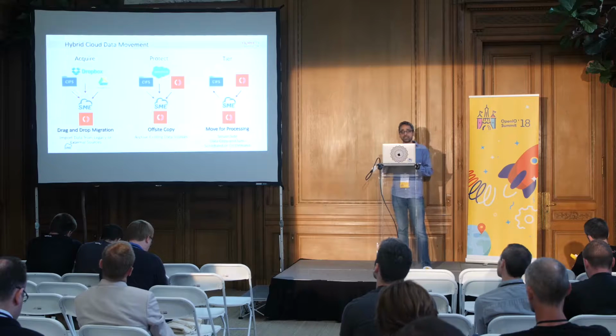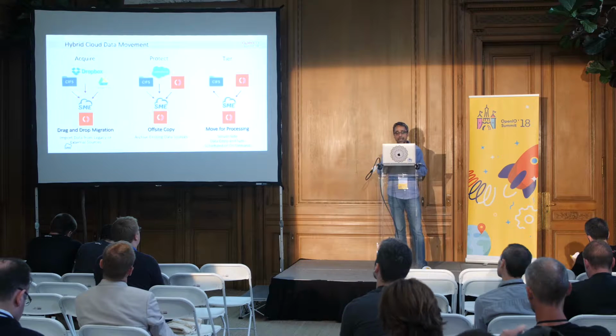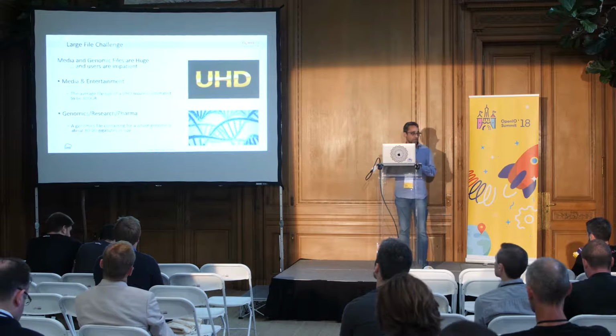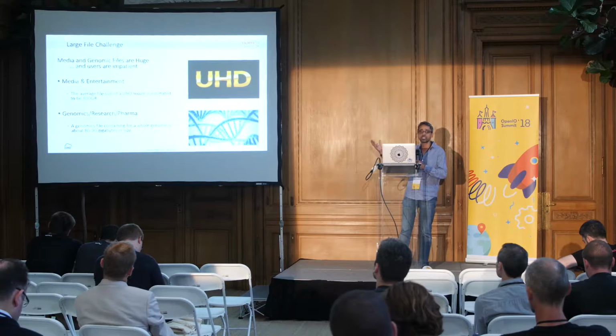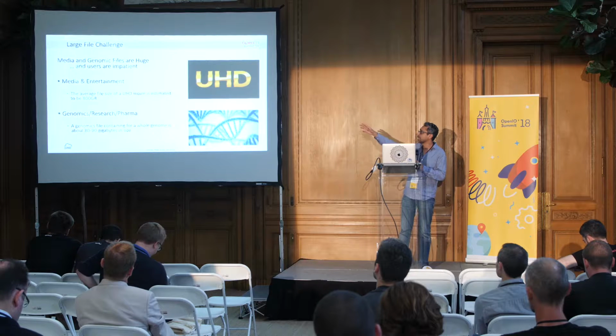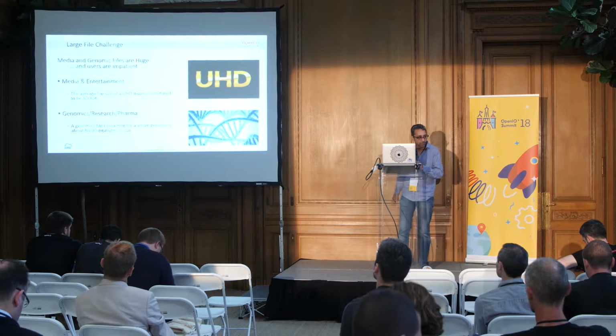Now, a lot of companies, media companies and research companies, they have huge amounts of data. If there is a media company, normally the file sizes for their media are about 100 gigabytes. Now, when they're moving to 8K UHD, the file size increases to 800 gigabytes.